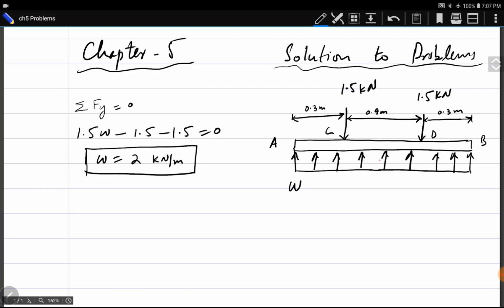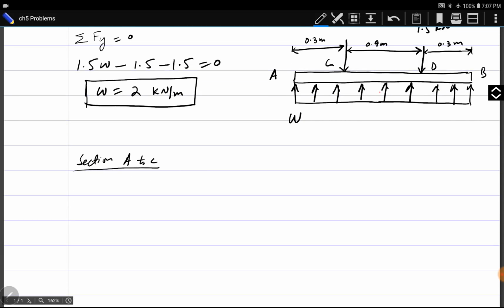When we section it between A and C, section A to C, the beam will be like this.